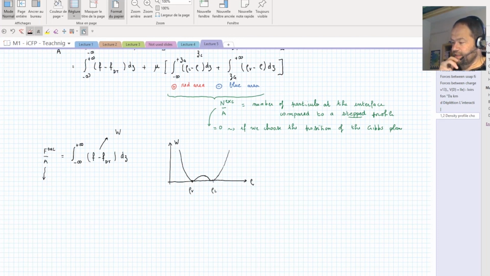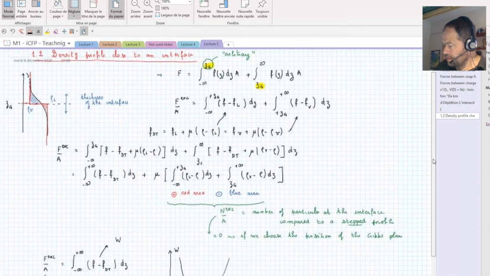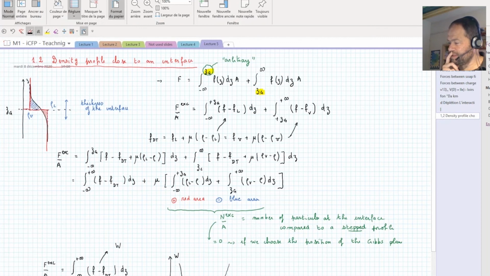So what is this? If I come back to this definition, the excess free energy is that I have integrated the free energy of the system, the density of free energy of the system, up to the plane of the interface.